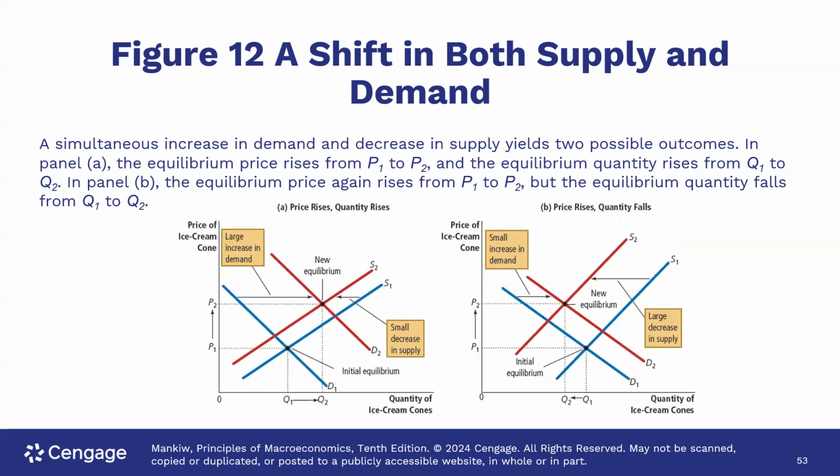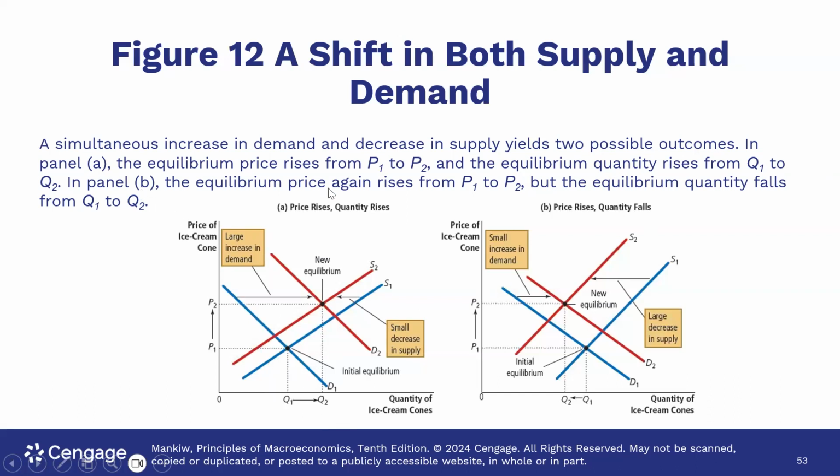And then lastly, we will look at the situation of a shift in both supply and demand. A simultaneous increase in demand and a decrease in supply yields two possible outcomes. In panel A, the equilibrium price rises from P1 to P2, and the equilibrium quantity rises from Q1 to Q2.